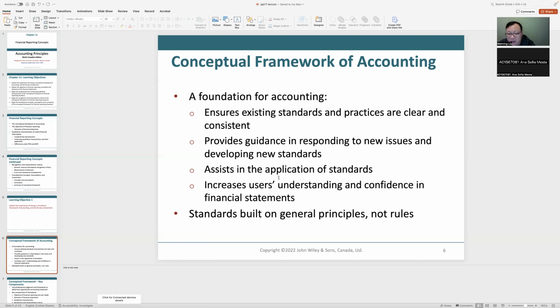So when you have new things, you need a foundation of accounting to give you the guidance. Also, the foundation of accounting will assist in the application of the standards. Sometimes you have the standards there, but applying them to real scenarios is quite challenging.